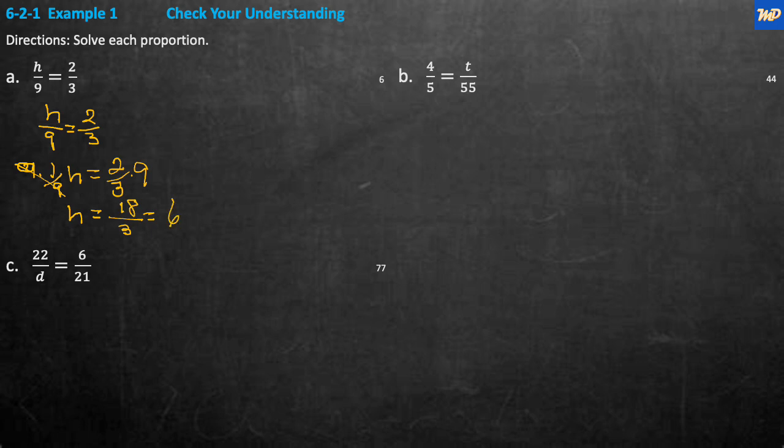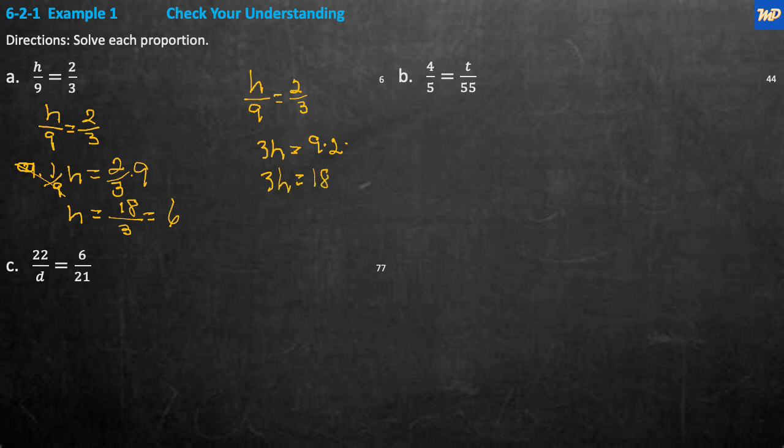Now let's try the other method. We had h divided by 9 is equal to 2/3. We're going to do the cross product: 3 times h is equal to 9 times 2. So 3h is equal to 18.